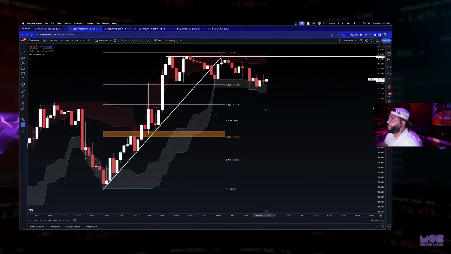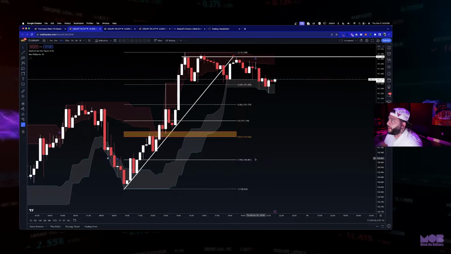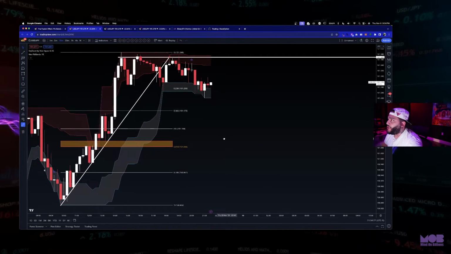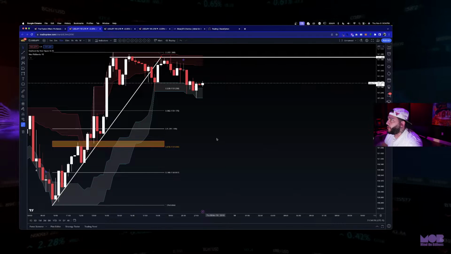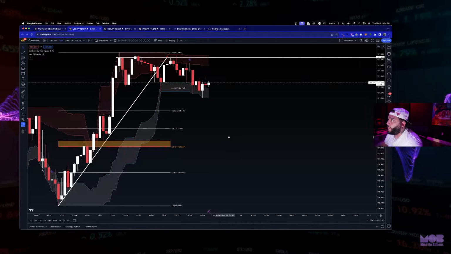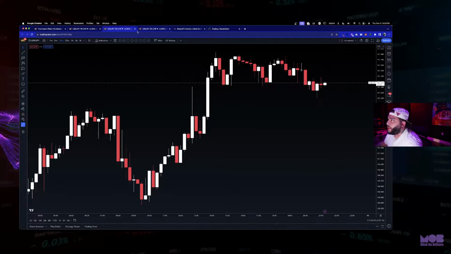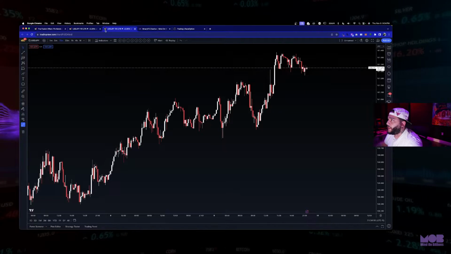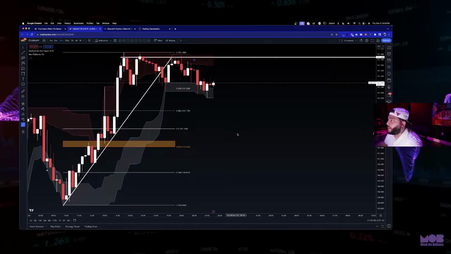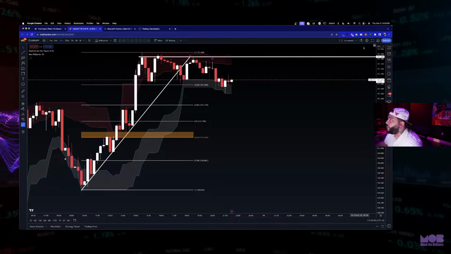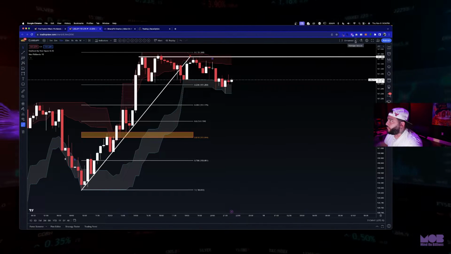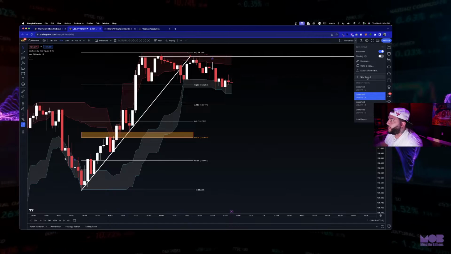Now with that said, I do want us to talk about Fibonacci just a little bit more. Let me X this out. And here's what I'm going to do. I'm going to go into one of my layouts.